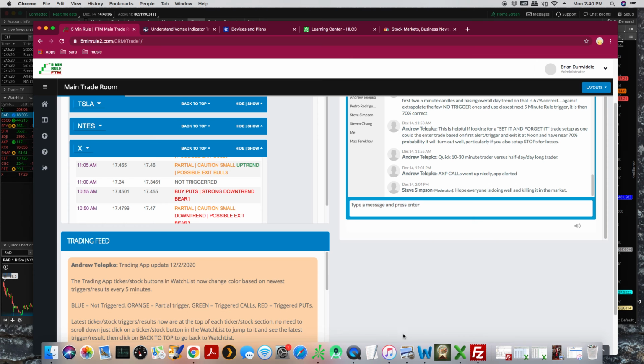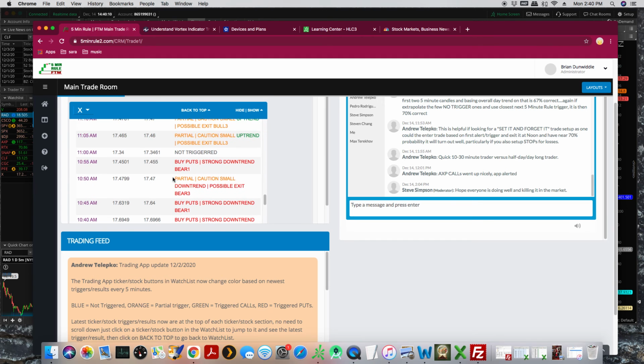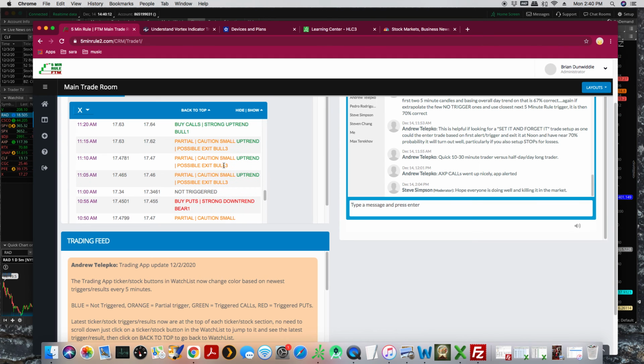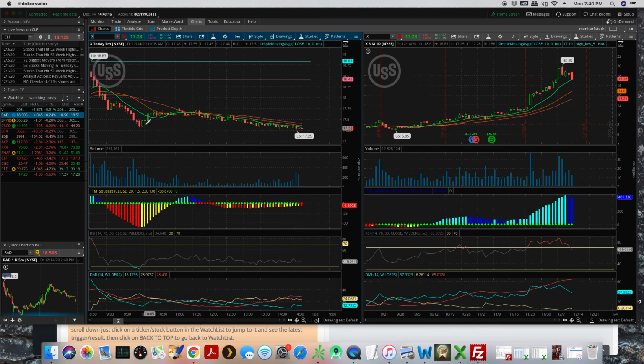What I did then, at 10:13, which is 11:13 here, the app started triggering bulls. I saw this uptick and saw strength, so I got in a small position, the 19 and a half calls at 10:13, which is right here.